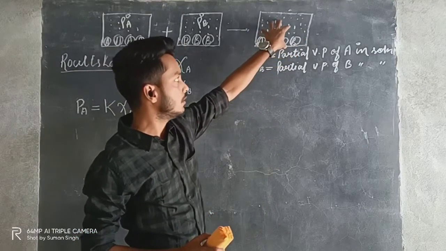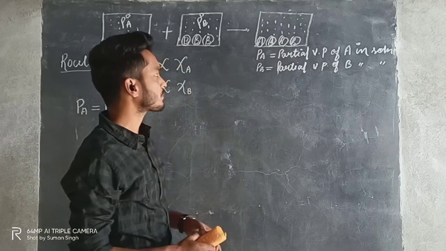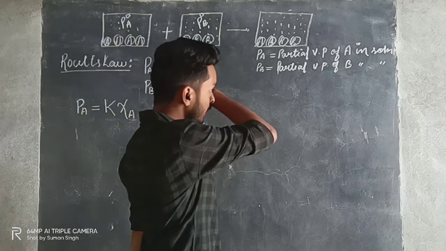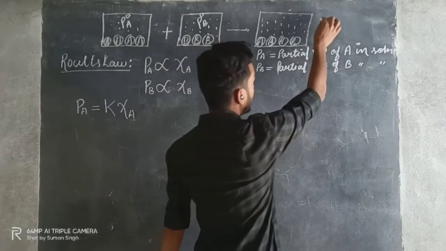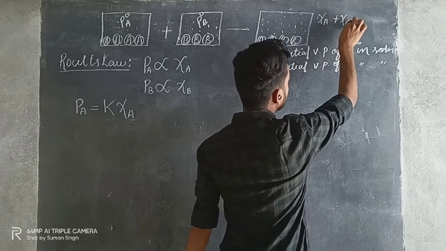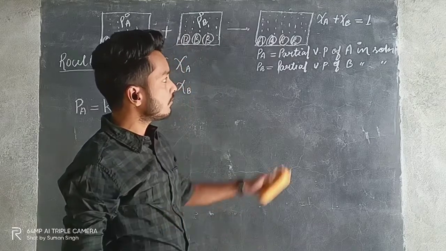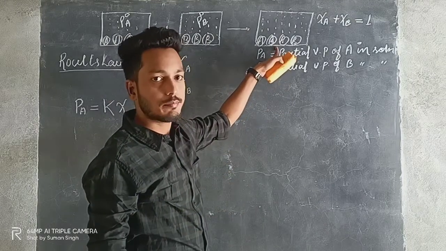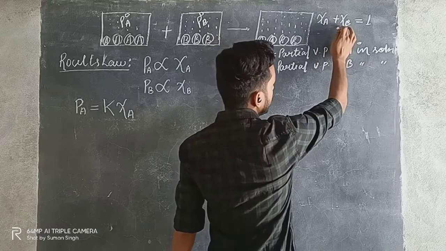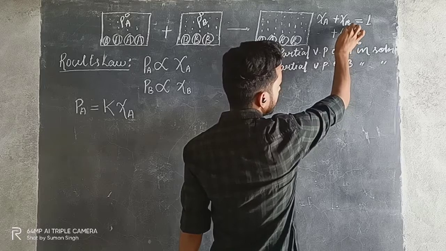What I told you in the first lecture is that the mole fractions of the two components always add up to 1. So if B is not present, the mole fraction of B is 0.